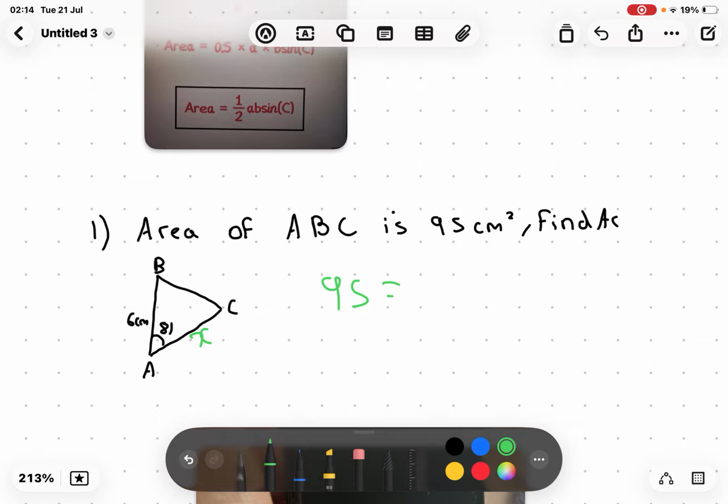As we know from this formula, we don't really need the actual height, from here or wherever it would be. It's a very bad sketch.